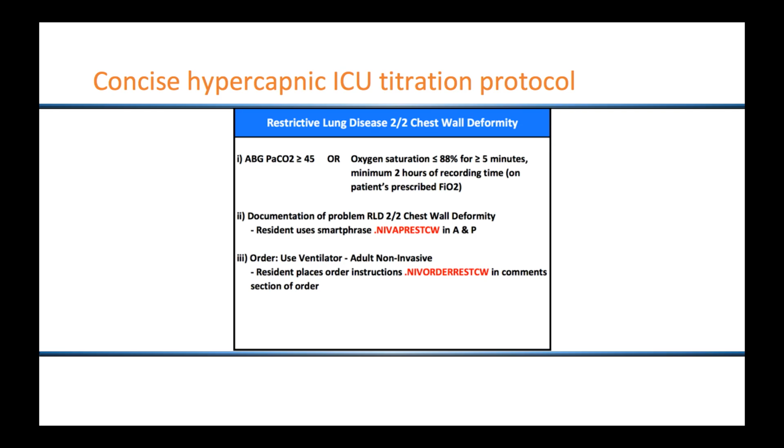In addition, the appropriate documentation in order to get BiPAP is necessary, using the smart phrase .NIV AP REST CW. The resident also has to place the appropriate order, which is ventilator adult non-invasive, and then in the comment section places .NIV order REST CW.